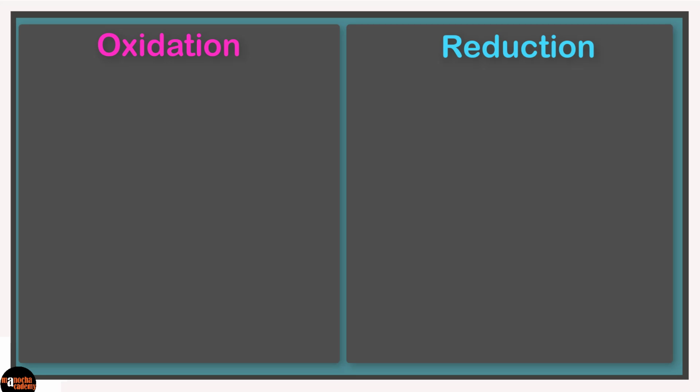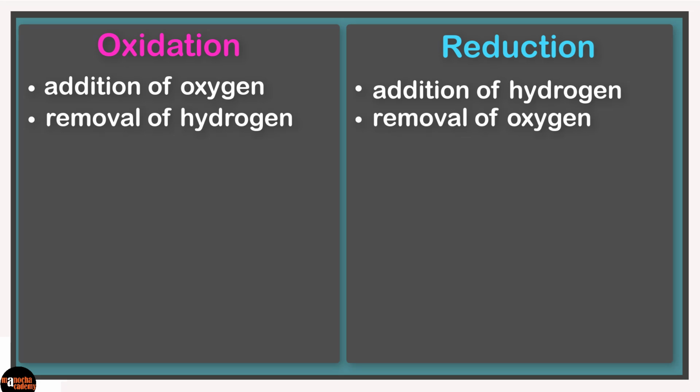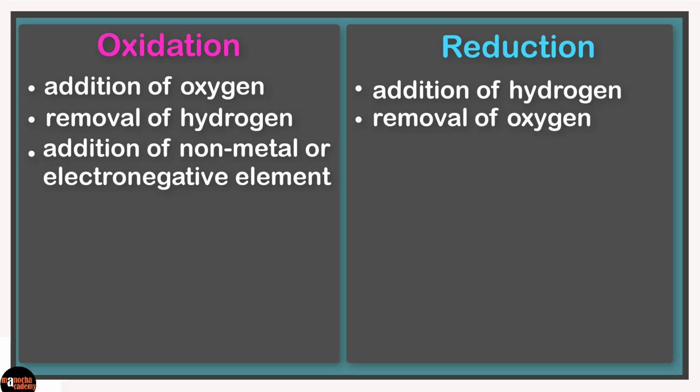We just discussed the first difference. Oxidation is addition of oxygen and reduction is defined as addition of hydrogen. Oxidation can also be defined as removal of hydrogen and reduction is removal of oxygen. Now, oxidation need not be only addition of oxygen. We can expand the definition to addition of any non-metal or electronegative element.